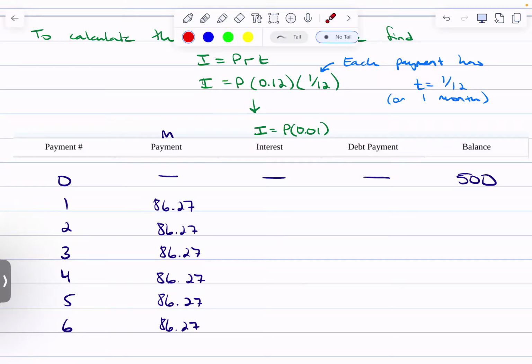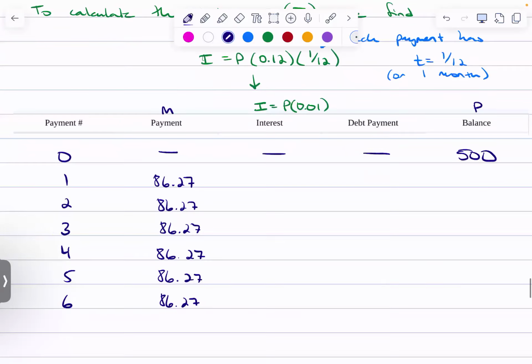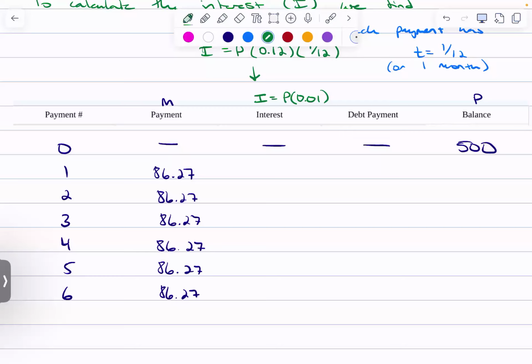But what does that mean? It means the previous balance, which is going to be your P, times 0.01. So 500 times 0.01 is 5. So the bank says, hold up, you need to pay us $5 first. They don't even say that, they just take it, but it's nicer if they ask.